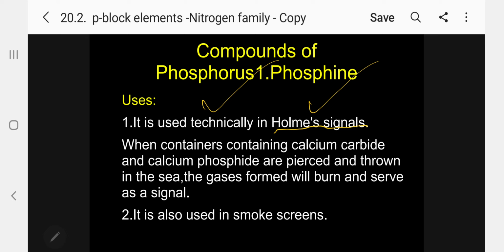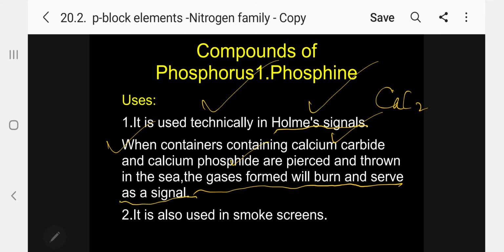This is used at sea. When a container containing calcium carbide and calcium phosphide is pierced and thrown into the sea, the gases formed will be burned and serve as a signal. That is, phosphine is produced and it will give a signal. It is also used in smoke screens. Kindly follow.